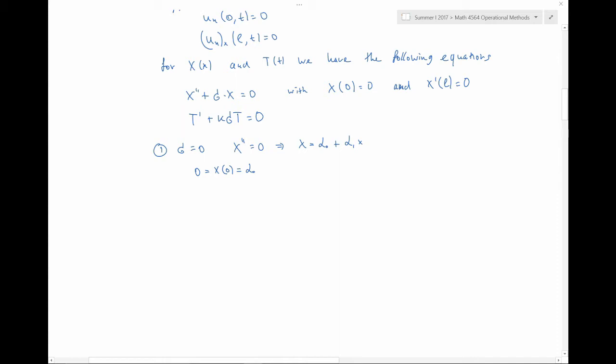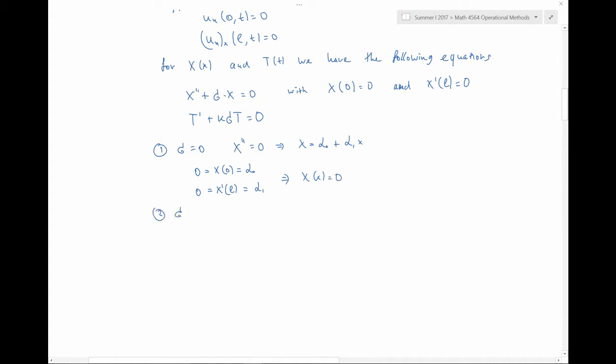Looking at the other end, we get that 0 should be X prime(L), which leads to alpha 1 being 0, because the derivative of X is alpha 1. Therefore, X(x) in this case is just the zero function, and therefore no non-trivial solutions are obtained.